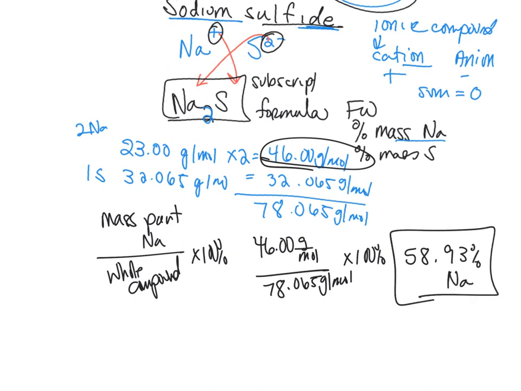And then you could do the same thing with sulfur. You will find, since there's two parts, that should work out. Percent sulfur would be 41.07% for sulfur. So that's another skill set that you need to be able to do for exam 1.